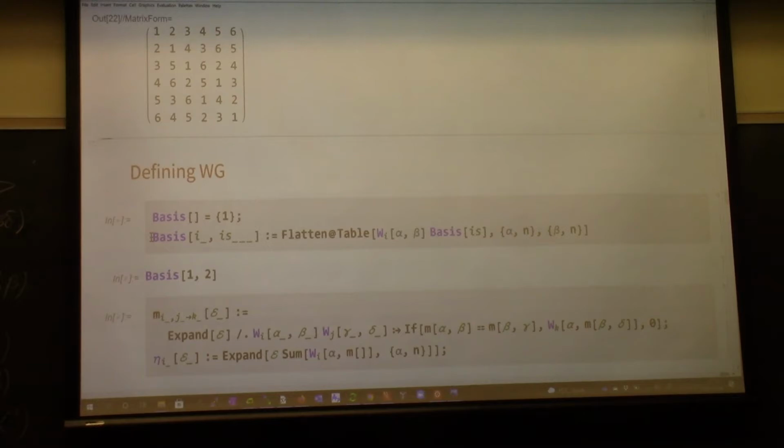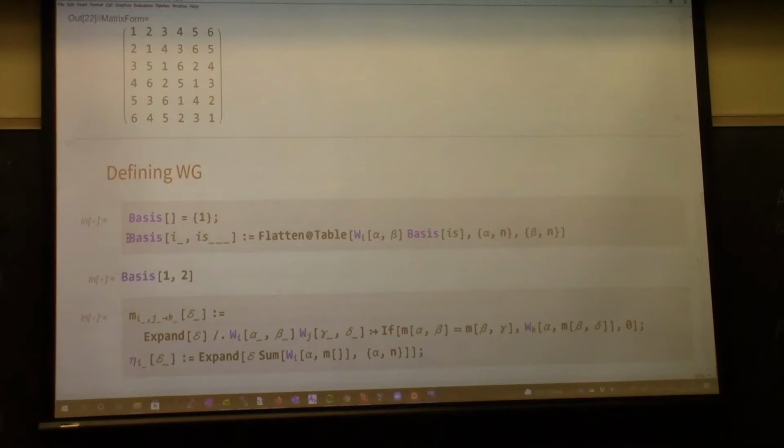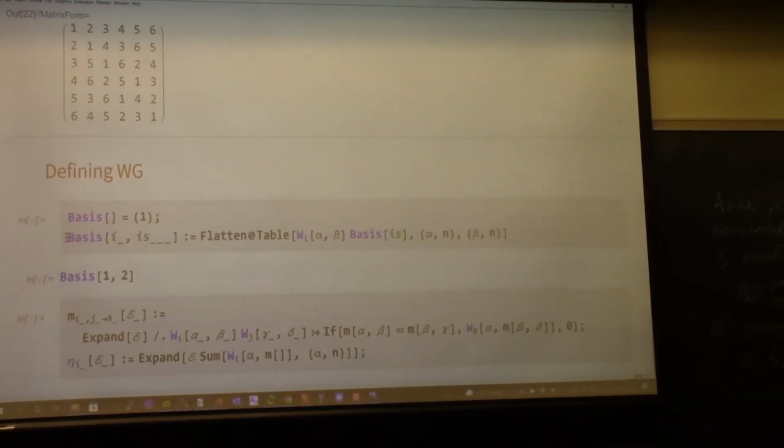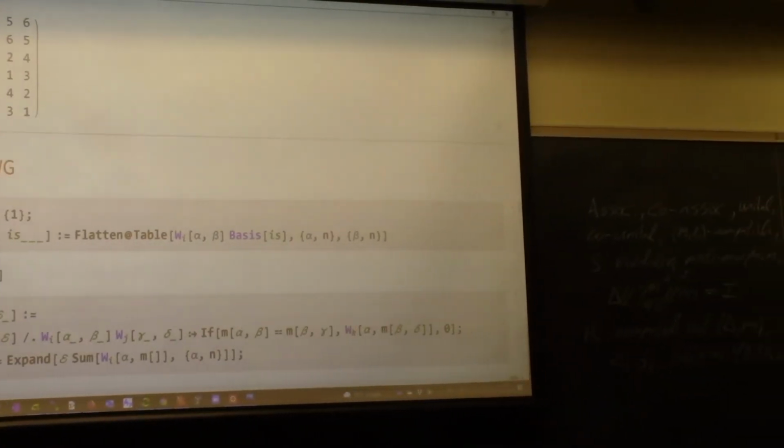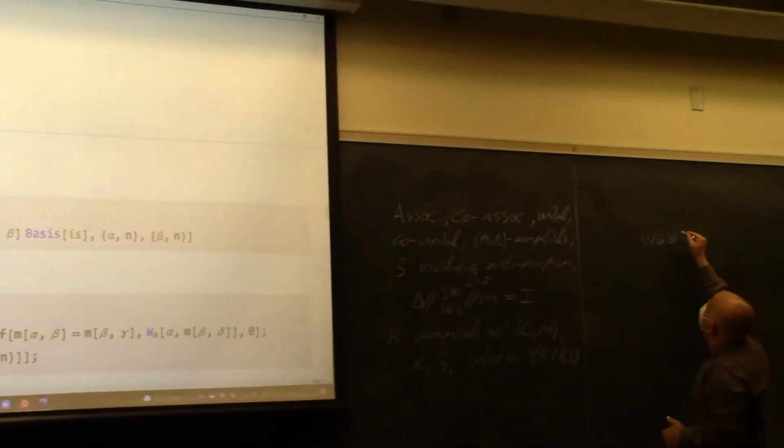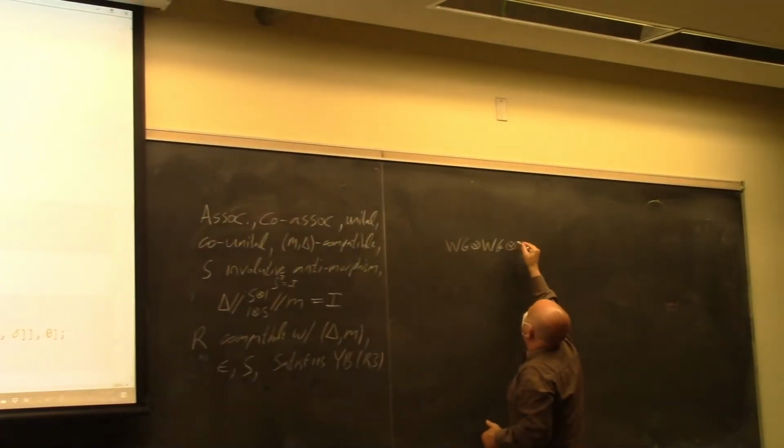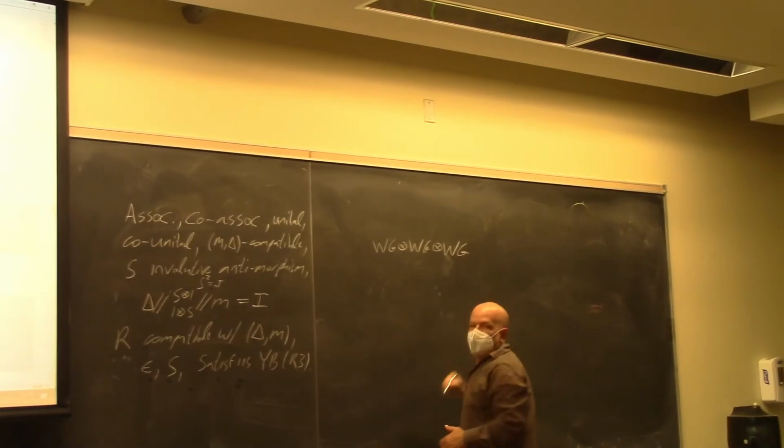Now comes straightforward implementation of this. So first of all, I want to define, okay, no, there is something clever going on. So not only do I want to define WG, I want to define the tensor product of an arbitrary collection of WGs. So I want to define WG tensor WG tensor WG. Okay?